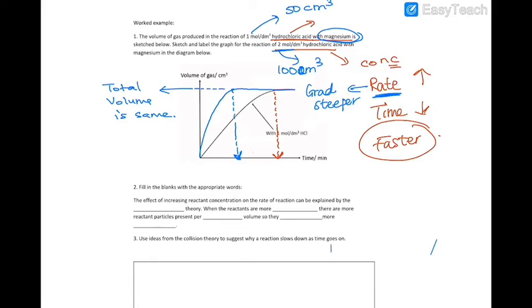But if you have the same volume, same amount of reactants, you will get the same amount of product. The amount will stay the same, but it's just the rate that is going to be faster or slower depending on the concentration. Okay, so let's watch a video that shows this reaction.